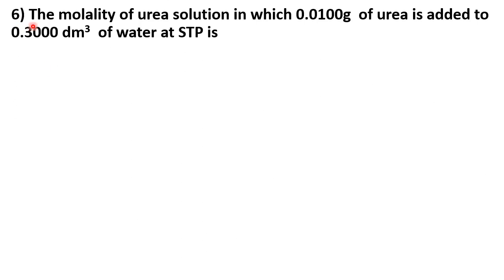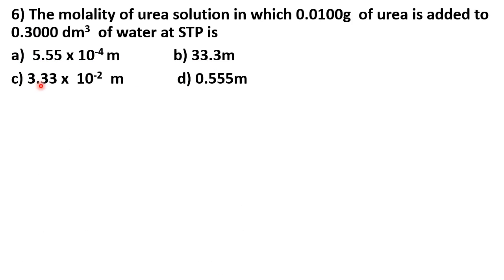Question number 6. The molality of urea solution in which 0.0100 gram of urea is added to 0.3 dm cube of water at STP is dash. Option A 5.55 into 10 raised to minus 4. Option B 33.3. Option C 3.33 into 10 raised to minus 2. Option D 0.555.